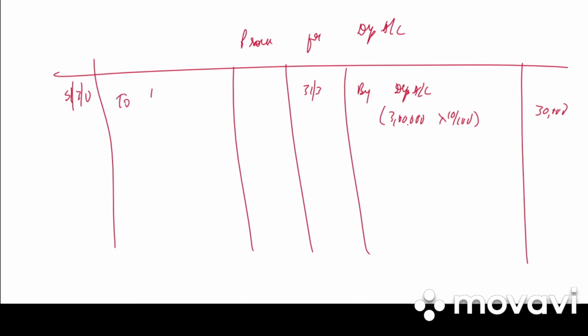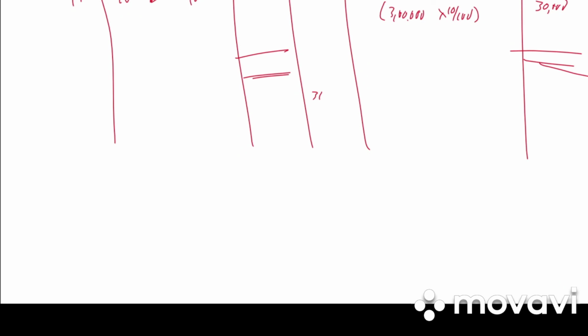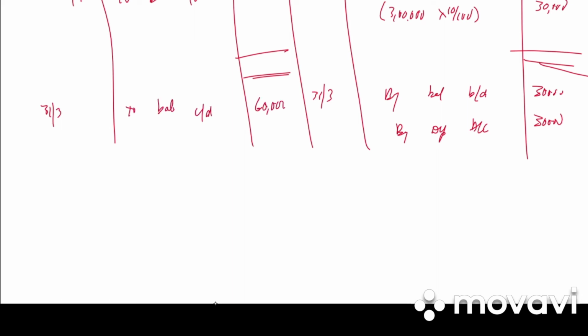To balance carried down 30,000. Then again on 31st March by depreciation by balance brought down 30,000 by depreciation account 30,000. On 31st March 2011 to balance carried down 60,000.